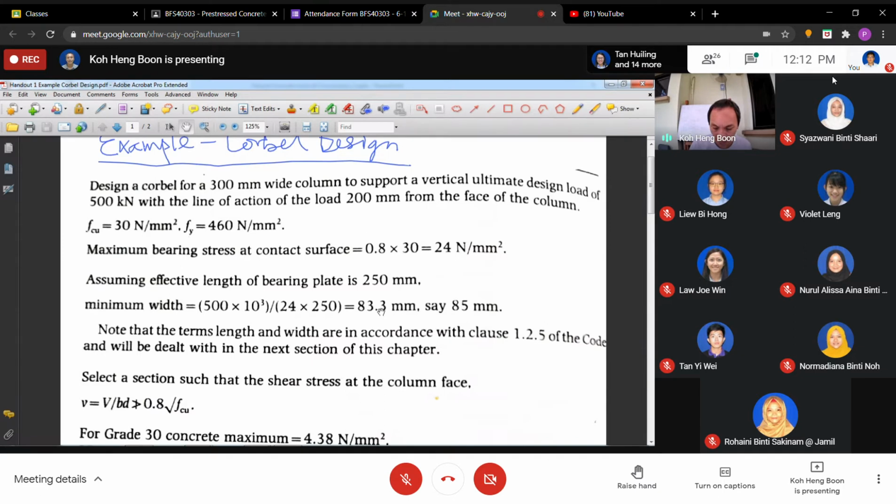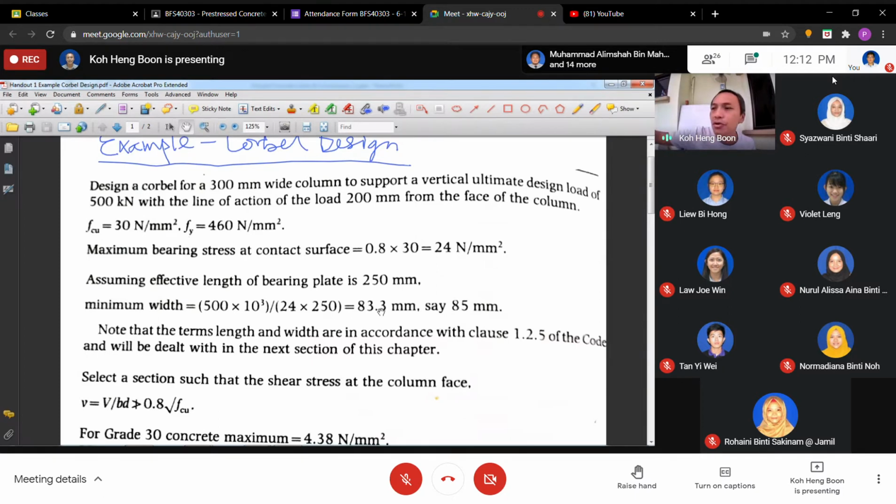This is 200 mm. I did not prepare my own example, I just use this one. It's something like this. So this one is 200 mm.